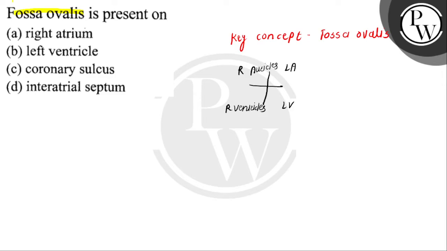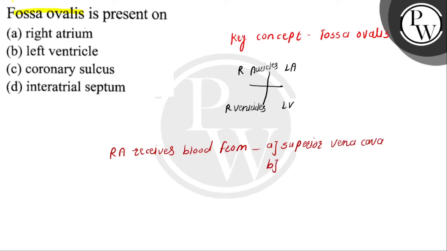This right auricle receives blood from three veins. Those three veins are A, superior vena cava, then B, inferior vena cava, and C, coronary sinus.